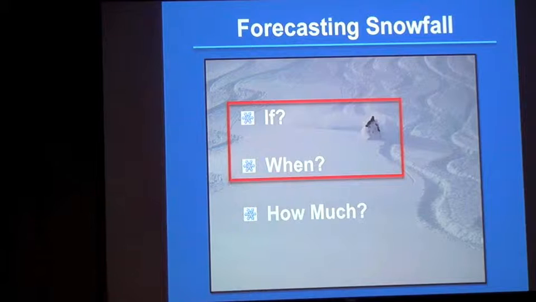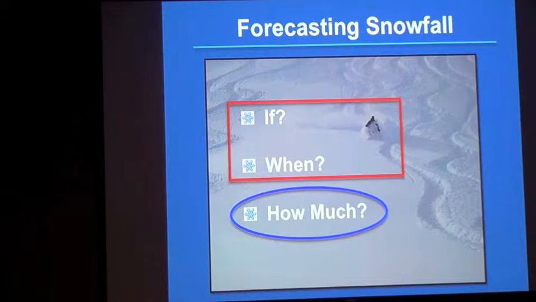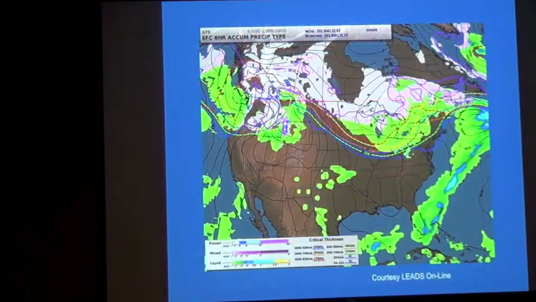When you get down close to the surface, they do a really poor job of predicting temperatures, and an even worse job of predicting how much precipitation you're going to get. In other words, how much of that moisture in the upper levels of the atmosphere can I wring out and put on the Earth. Okay? So the how much is where I'm going bald, trying to figure that one out.